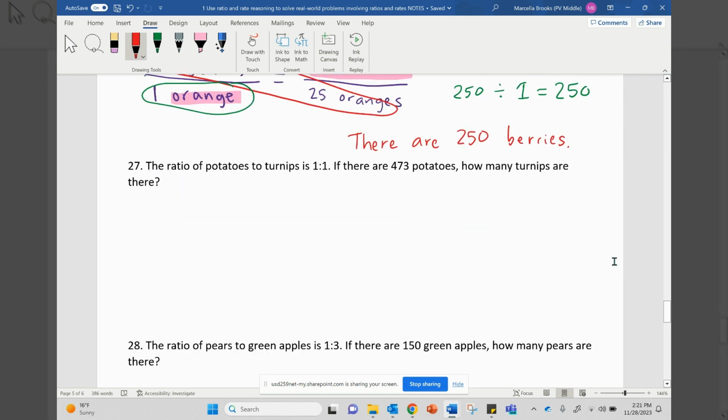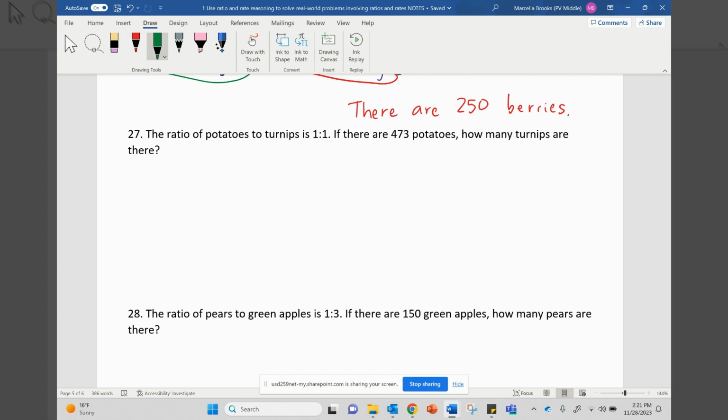All right, number 27. The ratio of potatoes to turnips is 1 to 1. This one you don't even really need to calculate, but I'm going to show you how to do it anyway. So potatoes to turnips. So potatoes is 1. 1 potato. Turnip, 1. 1 turnip.